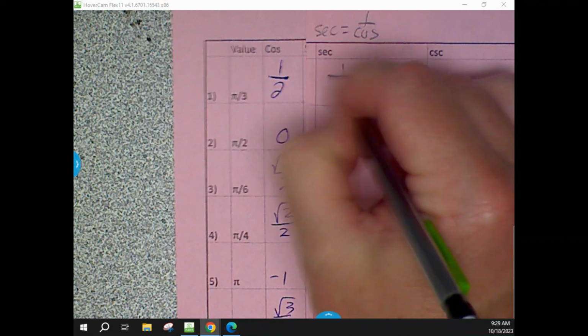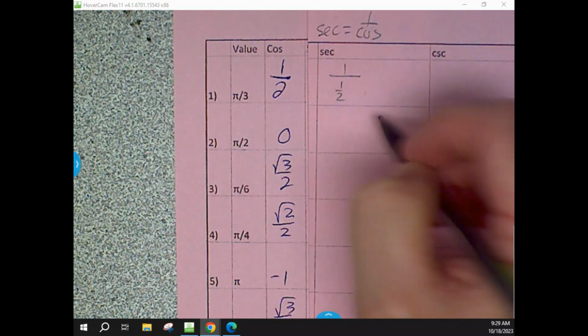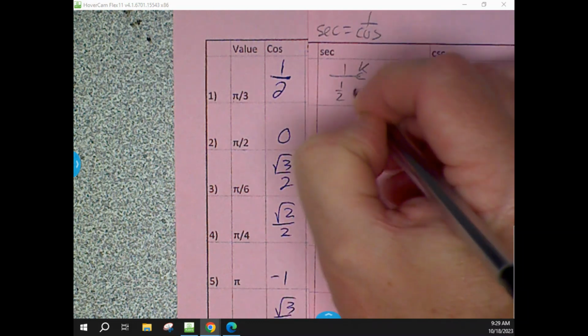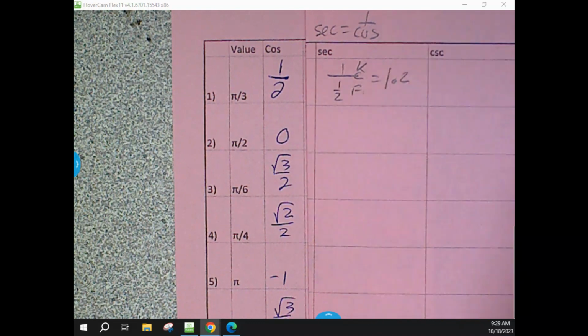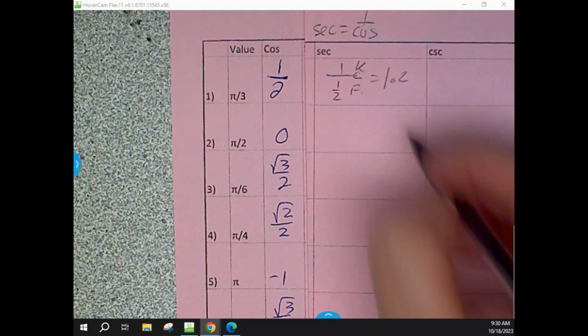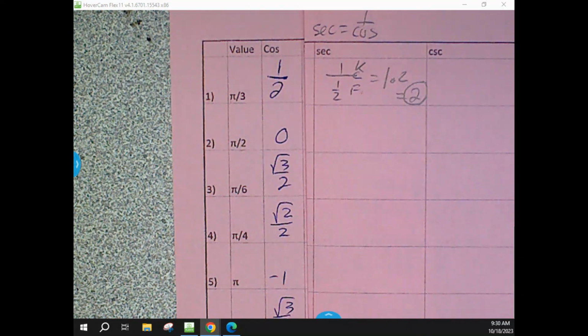So for this one, it's going to be 1 over 1/2. And again, it's 1 over something, so we're going to keep it, change it, and flip it. So it's going to be 1 times 2 over 1, which is just 1 times 2. So the answer would just be 2.